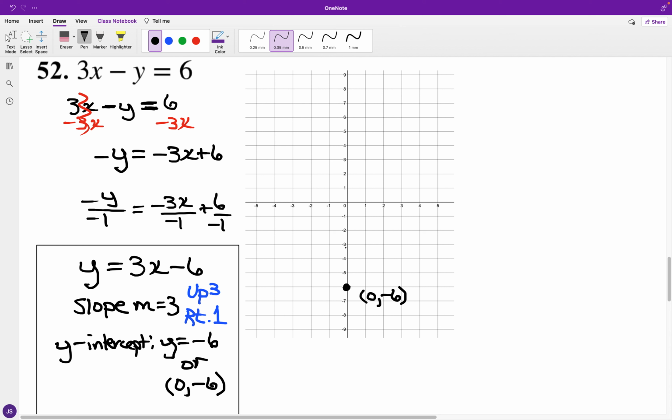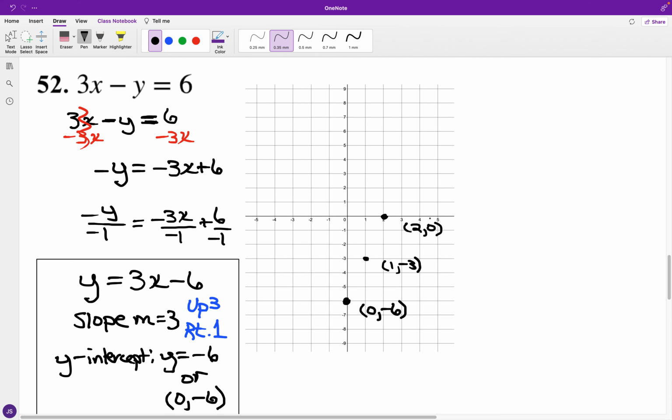So if I go up 3 units and out to the right 1 unit, we have the ordered pair 1, negative 3. And if I go up 3 more units and out to the right 1 unit, I'm on the x-axis, where the x-intercept is 2, 0.